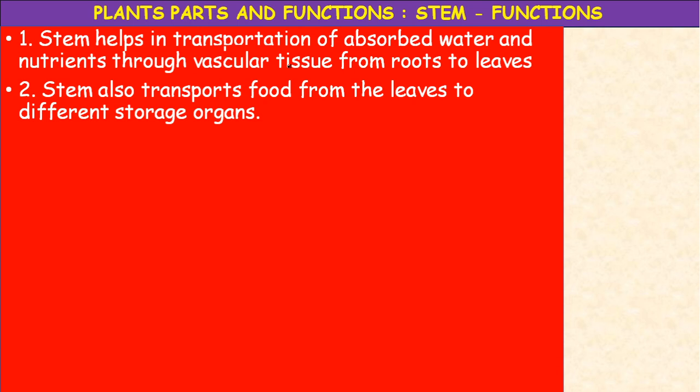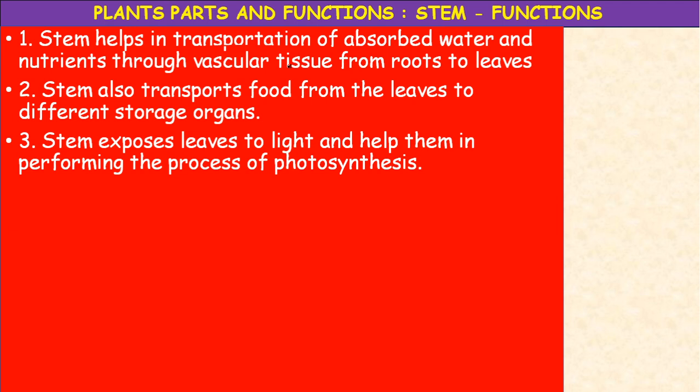What is the function of leaf? The leaf's main function is photosynthesis, to synthesize the food material. That food material which is synthesized in the leaves is carried by the stem to all parts of the plant with the help of that vascular tissue. Stem exposes leaves to the light and helps them in performing the process of photosynthesis.